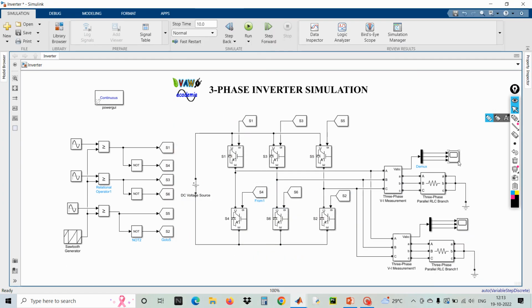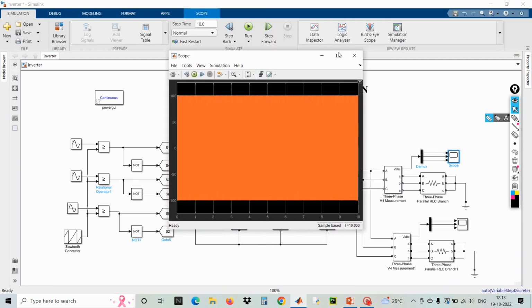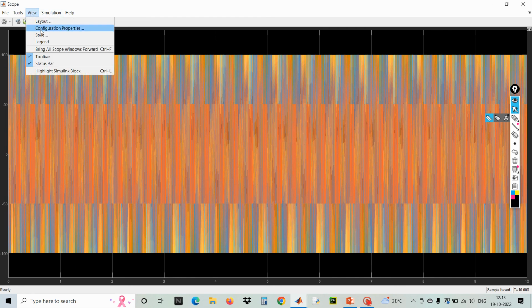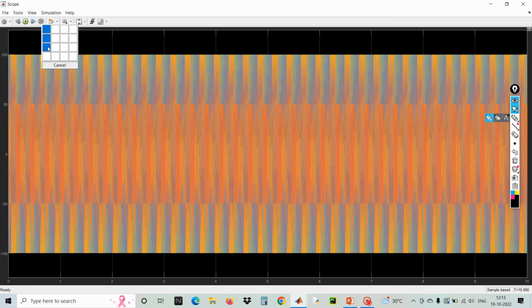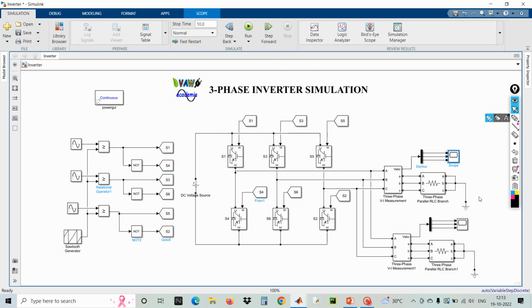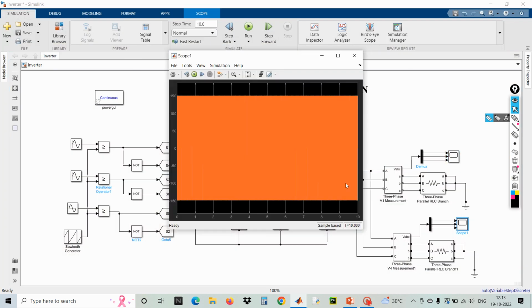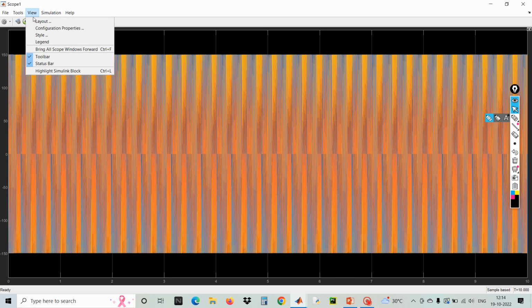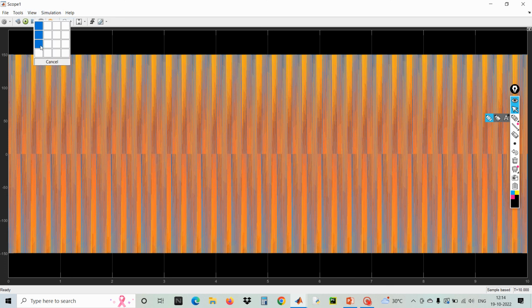If you look at this scope, I'm going to go to layout and make this a separate line. Similarly, take this one. Go to layout and put this as 3.